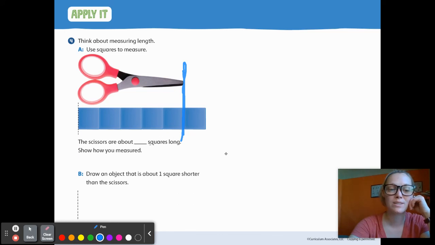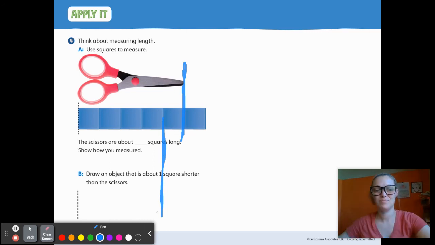Say how many squares it is and show how you measured. Then you can draw your own object that is about 1 square shorter. So you're going to want your own object to go to about there. 1 square shorter.